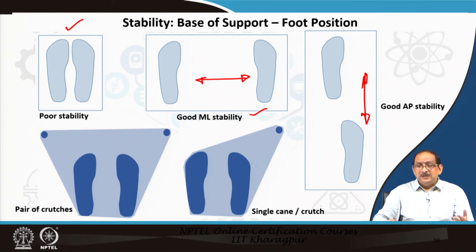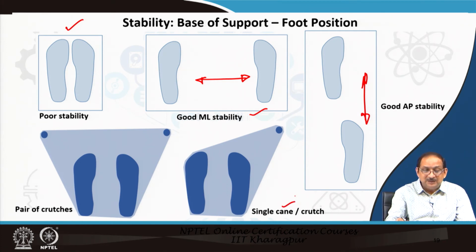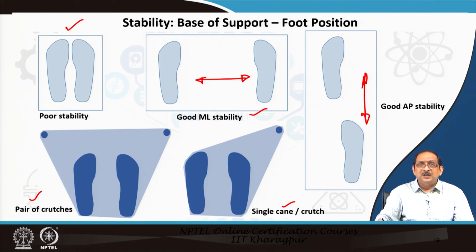Now, if we take the help of other supporting structures, say for example, a single cane or crutch or a pair of crutches, we see that the area of the base of support actually increases, thereby providing better stability.